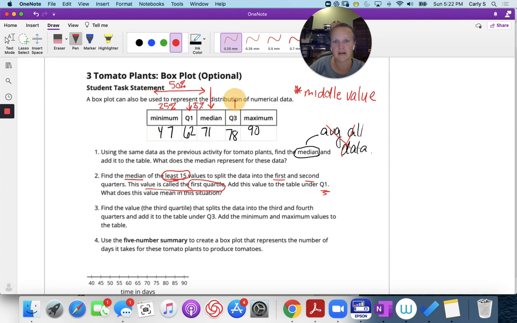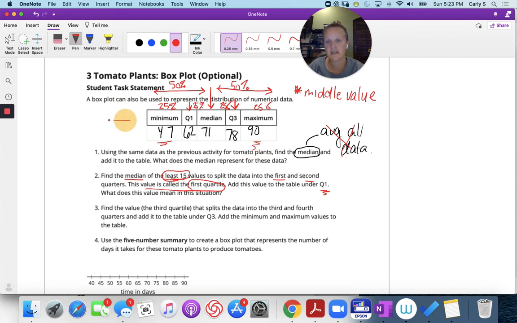So this right here splits the higher 15 numbers into 25% and 25%. So this right here is actually 50%. Okay? Add the minimum and maximum values to the data. So 47 is actually the smallest value in your data, and 90 is the biggest.